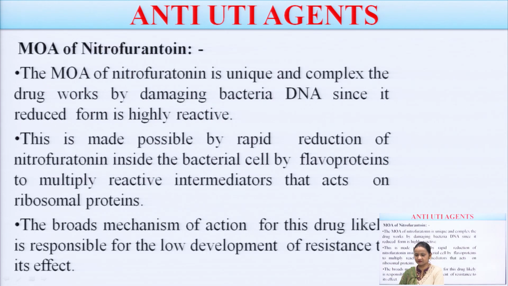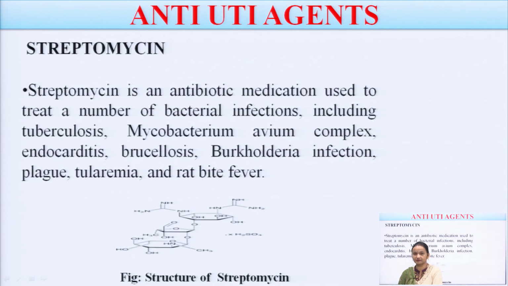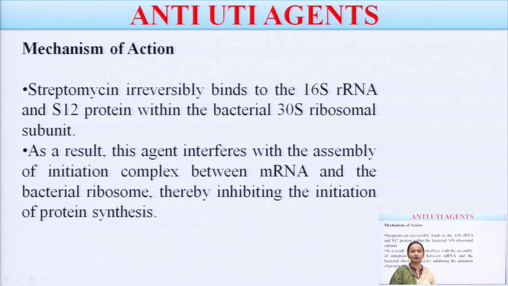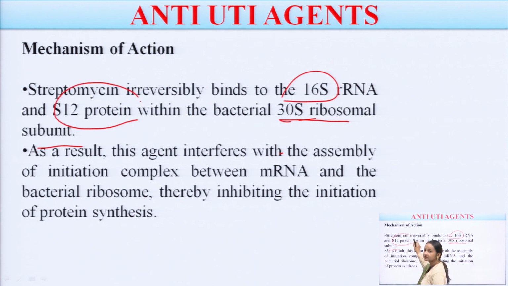Next we have seen streptomycin. Streptomycin is used in the treatment of different infections, such as tuberculosis, and other infections like plague, tularemia and rat bite fever. If we talk about the mechanism, it is very specific: it binds to the 30S ribosomal subunit, and in the 30S subunit it binds with the 16S and 12S protein.